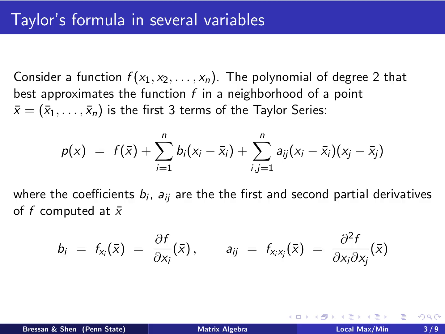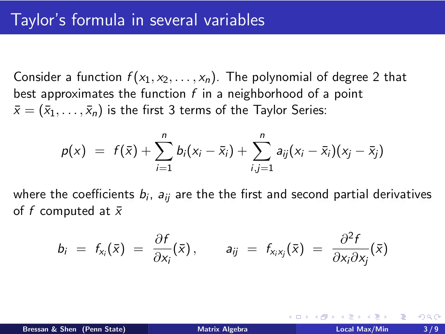So here the coefficients, the bi's and the aij's, are as follows. bi will be the first partial derivative of f computed at x bar in all the components. So bi would be the partial derivative of f with respect to xi, so this i matches that i, and that's a function, and that function is evaluated at x bar.